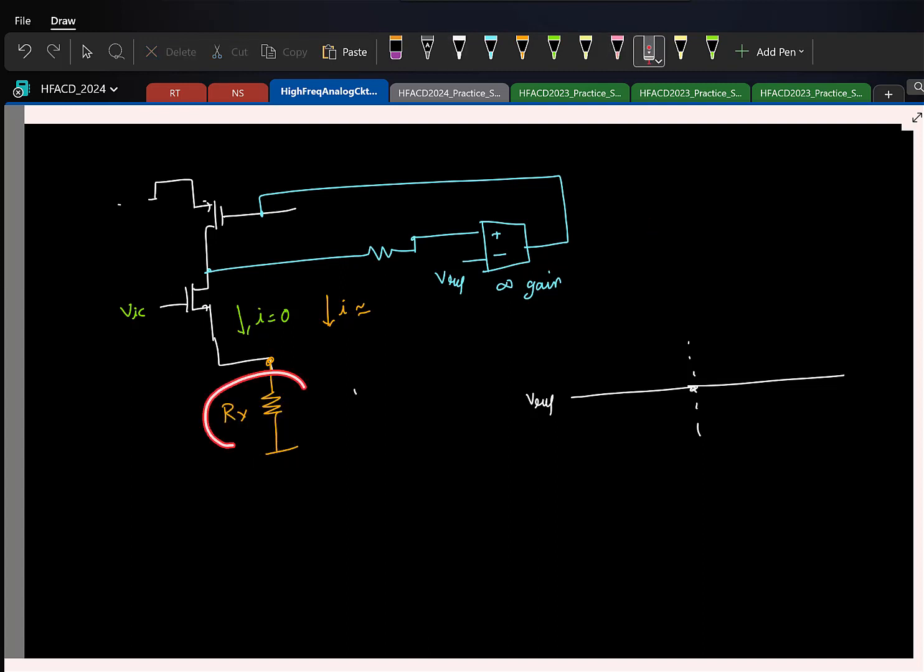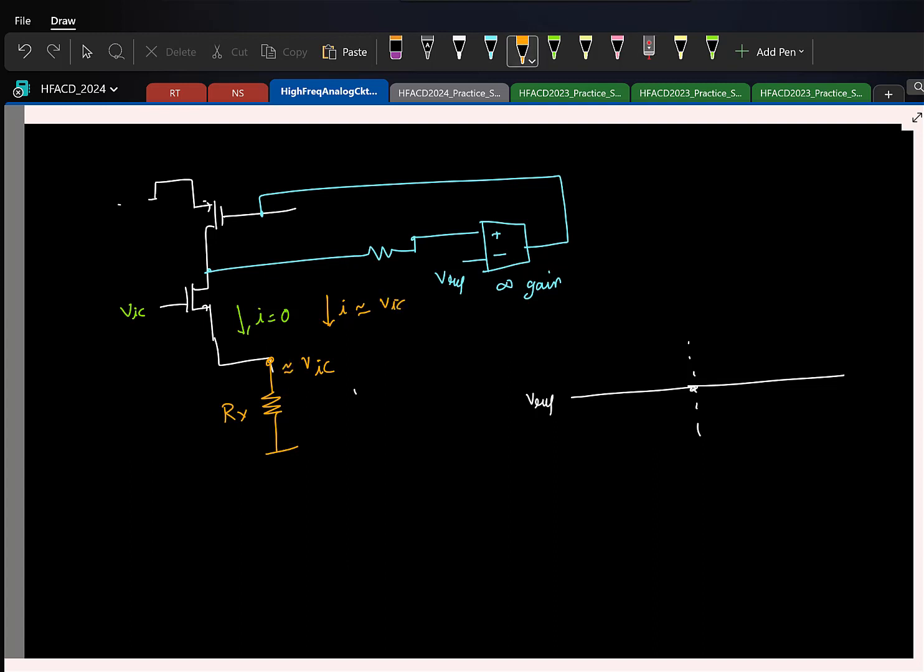If let us say Rx is not infinity but a large enough value, then what can you say about this voltage approximately? Gate is VIC, Rx is a large enough resistor, so what is this voltage approximately? Approximately VIC. So if this voltage is approximately VIC, what can you say about the incremental current?